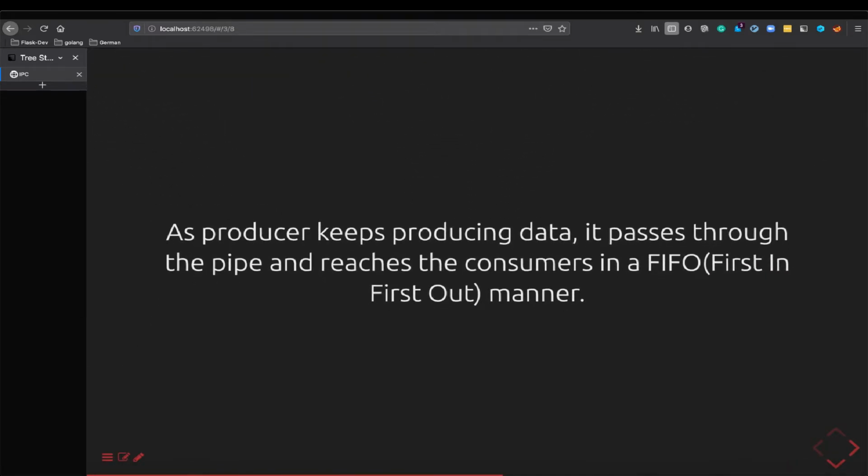It is a common intuition that you can have. A producer produces data, it goes through the pipe and reaches the consumer. And here we talk about FIFO, which is first in first out. So the first byte which is written by the producer is the first byte which is read by the consumer. I hope that makes sense.